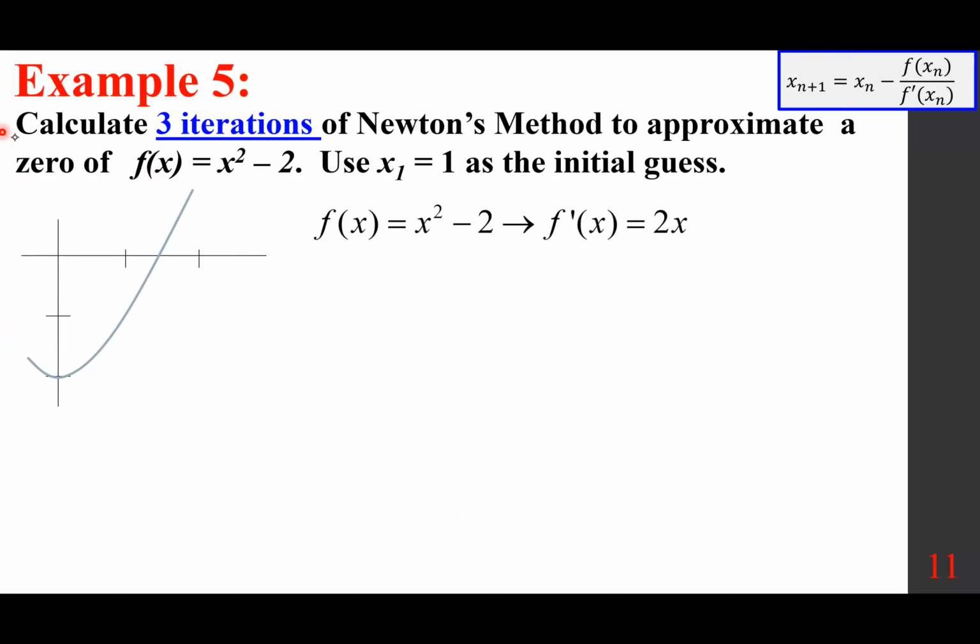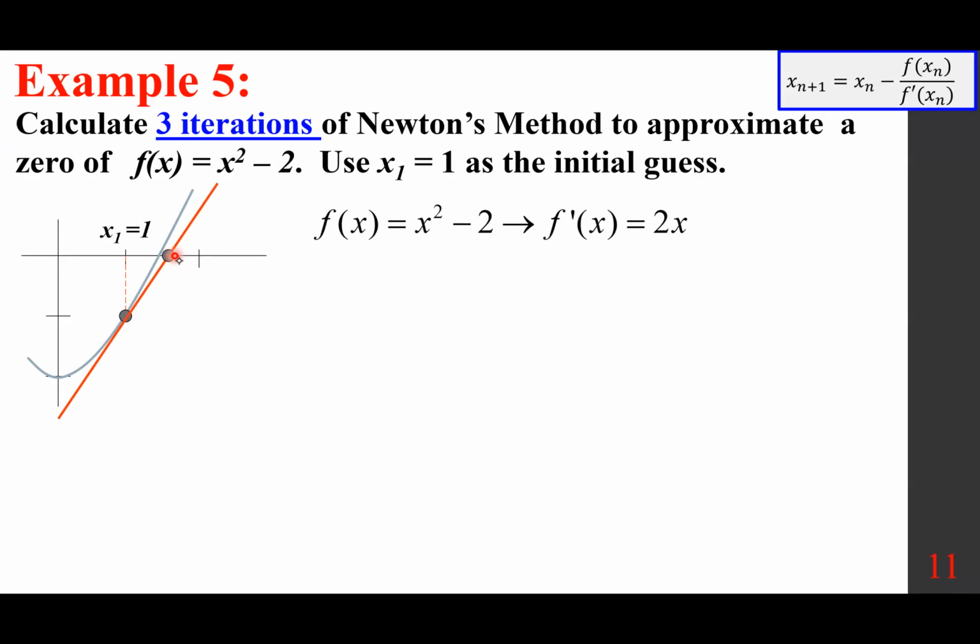And x sub 1 is this point, 1. And at that point, on the function or curve, we draw a tangent line. It gives us this point, and that's a new point, or x sub 2.